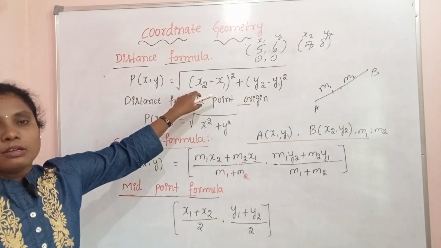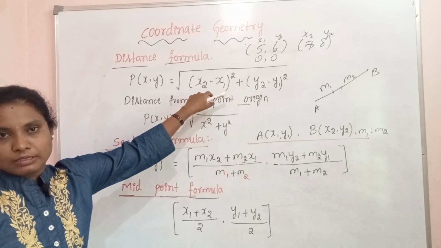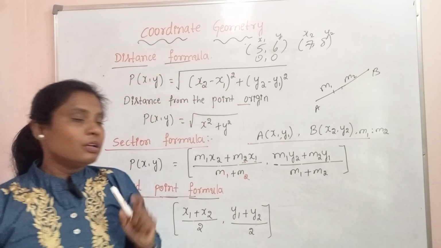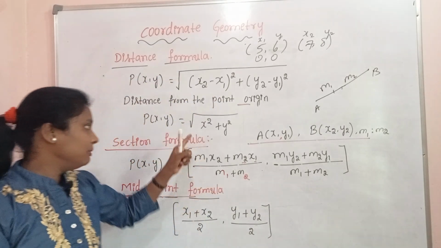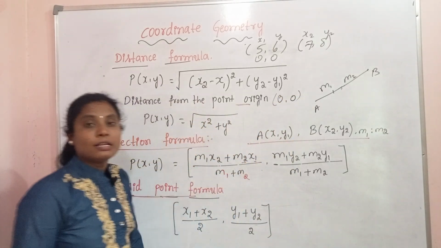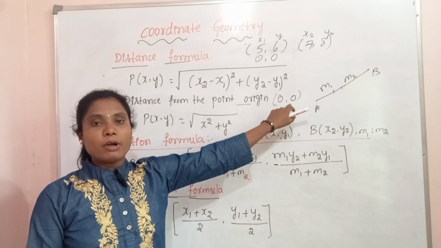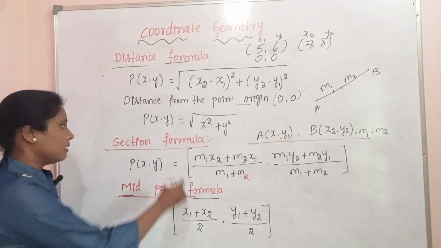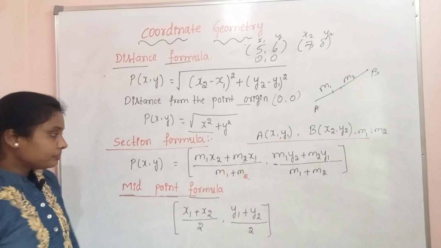If they give the distance between the points, we apply this formula. If one of the points is the origin, meaning the coordinates are 0 comma 0, x is 0 and y coordinate is also 0, that time we apply this formula.